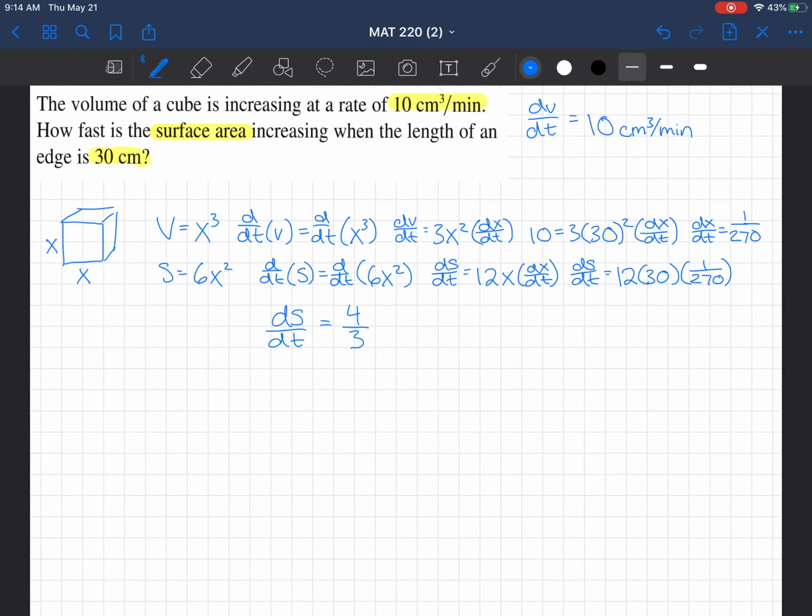So that's going to be true with the units as well. So it's going to be centimeters squared per minute. And there's your final answer. This is the rate in which our surface area is increasing when the length of the edge is 30 centimeters.